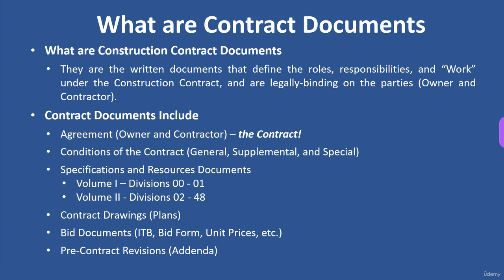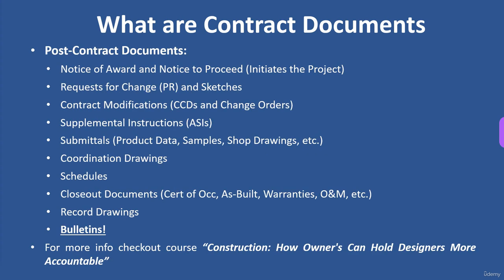Usually, on most jobs, you'll see on average 5 addenda, but hopefully you don't have any. But usually you have some. Some projects have way too many, and I'll dig into that a little bit further as we get along in this section.